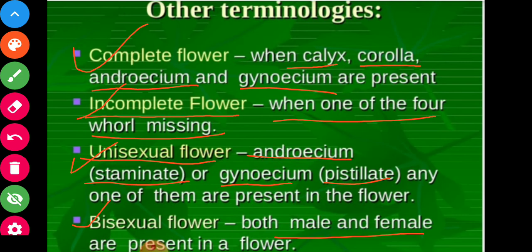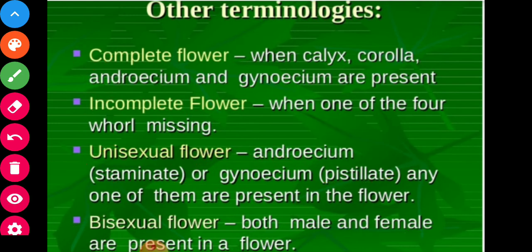So complete, incomplete, unisexual, bisexual flower, you can understand them. If the flower is complete, it means it is having all the members like calyx, corolla, androecium, and gynoecium. And if any one is missing, that is incomplete flower.